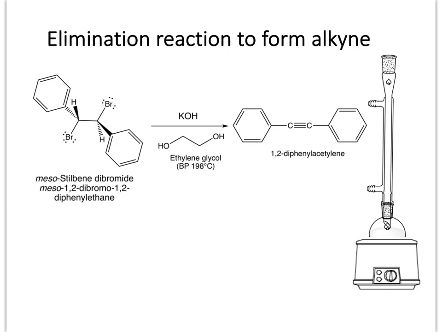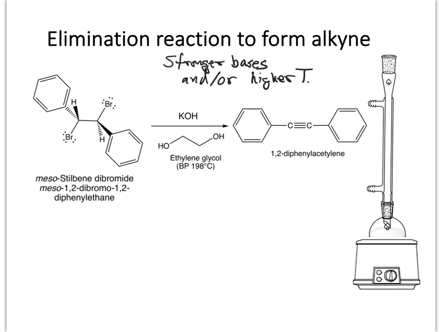So normally when we make an alkyne, we have to use either stronger bases than we needed to make an alkene, and/or higher temperatures. But we have an advantage here that we've created to make this a little easier.